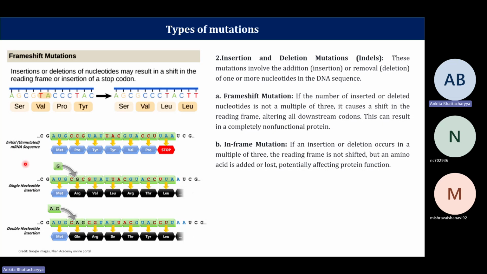However, if there is a triple nucleotide insertion, it retains the codon frame, but it accidentally incorporates a new amino acid at an unexpected location. So the protein possibly may be functional if there are three base pair insertions, but you cannot always know that. It may or may not be functional, but it will certainly have a new amino acid incorporated at an unexpected location. Now, why can we not be very certain that the protein function may or may not work?